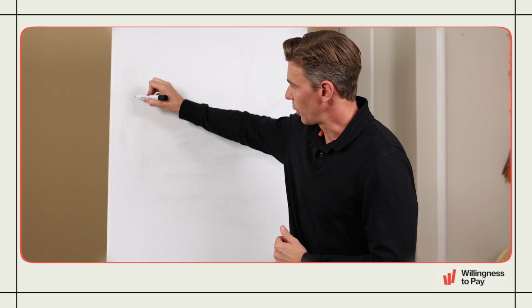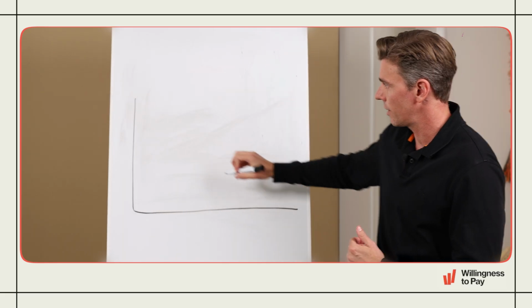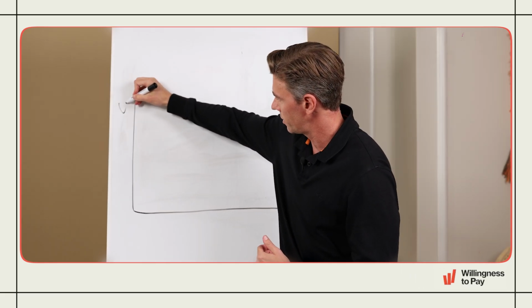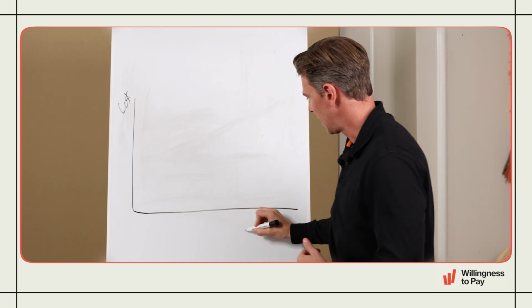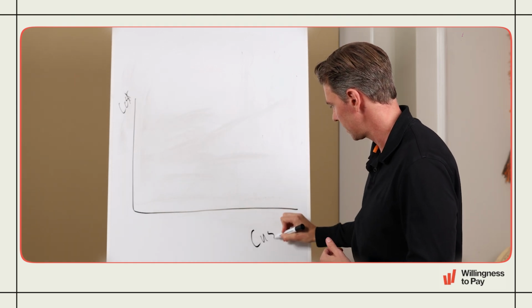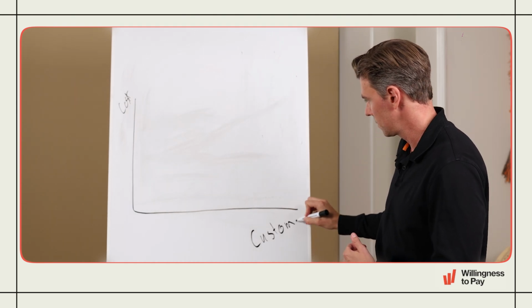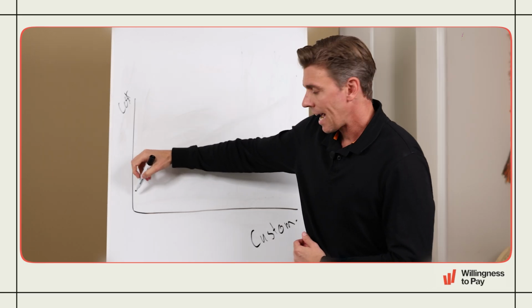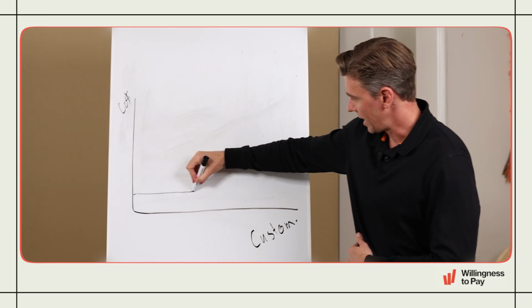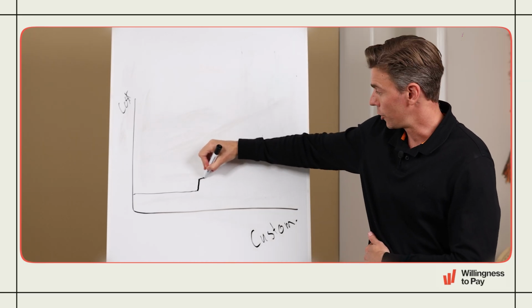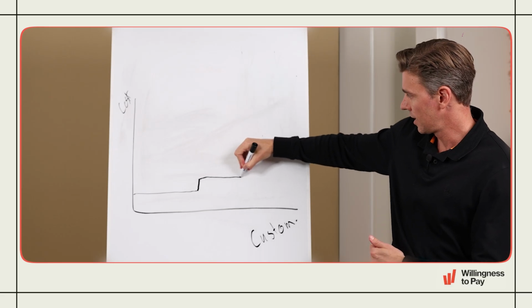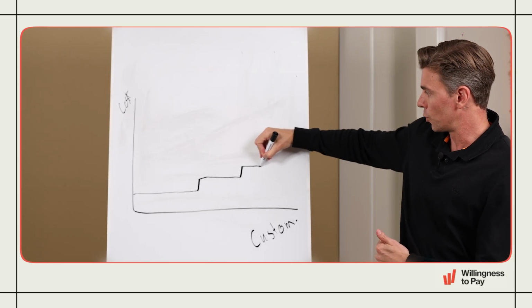Let's take a look. If we start with the same diagram as last time, with costs and number of customers. As our business grows, we have fixed costs. We may hire a new office. We may do a new server farm.